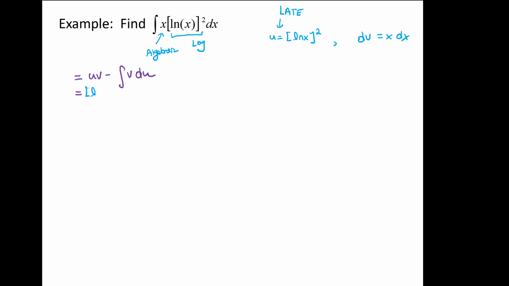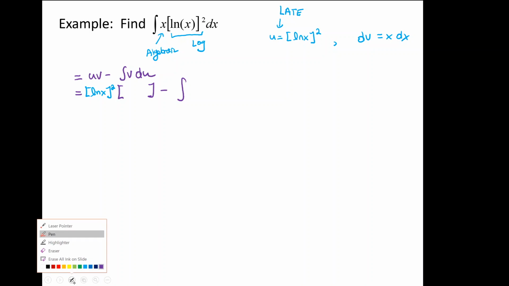So we have ln of x all squared times the block I'll leave for dv minus the integral of v du, so I don't know what that's going to be.